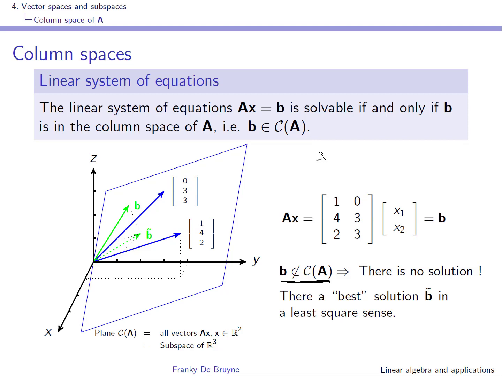It is impossible to write b as x1 times the first column plus x2 times the second column. Okay, this is not possible.